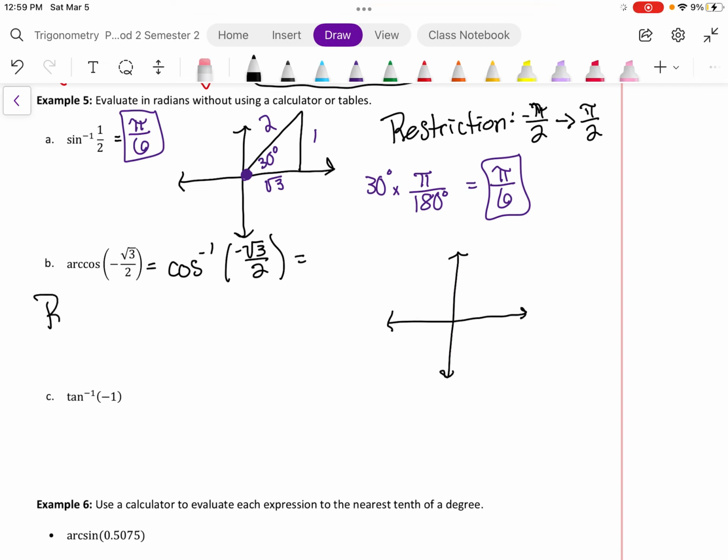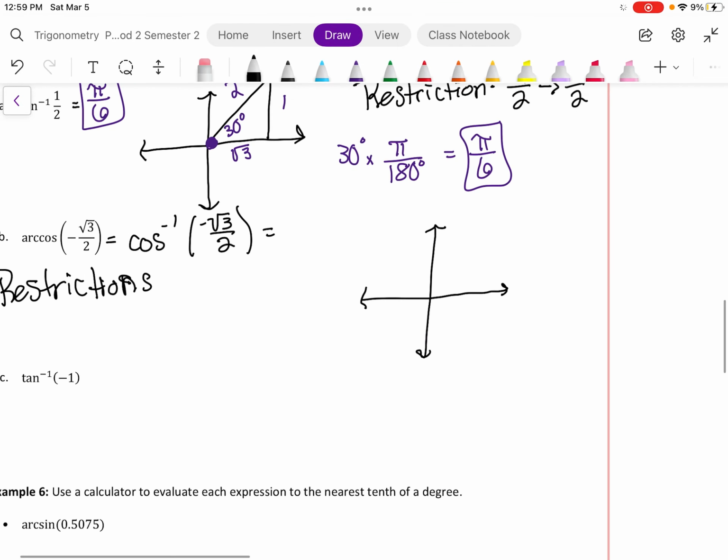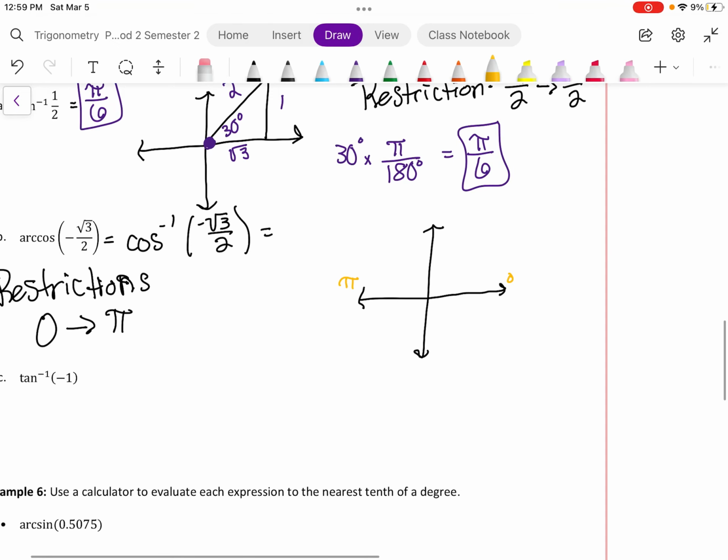And remember, our restrictions for inverse cosine are between 0 and pi, which means we can only have a value that's between 0 and pi, nothing else.